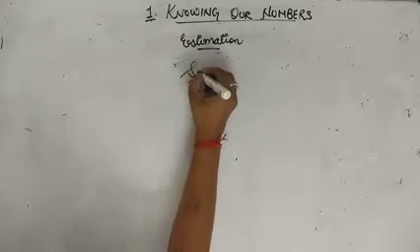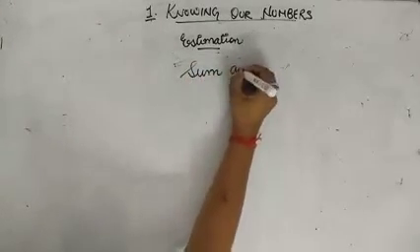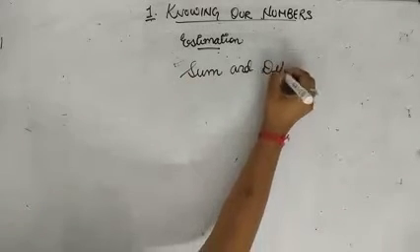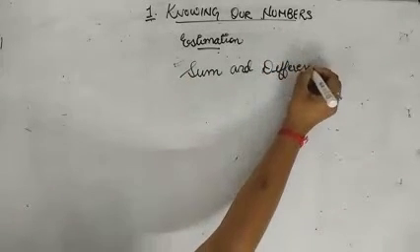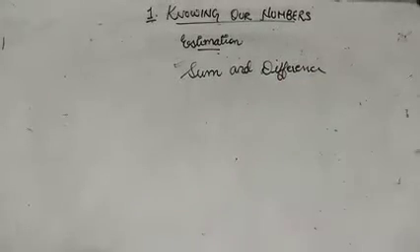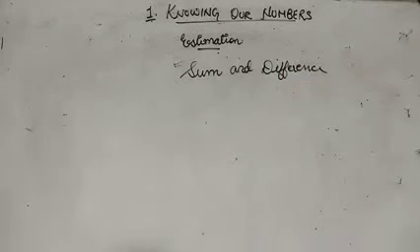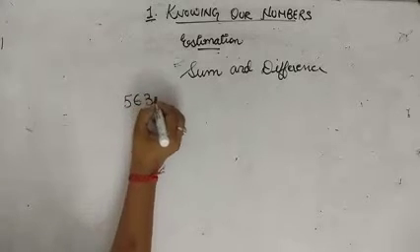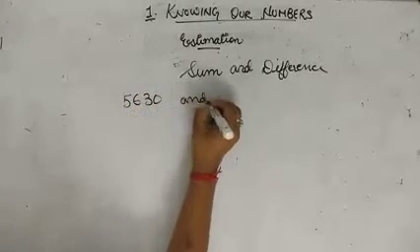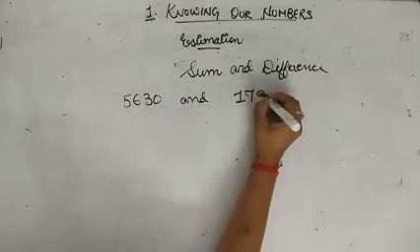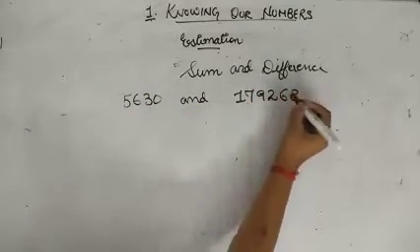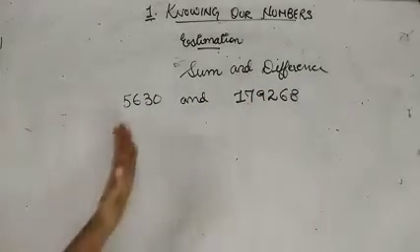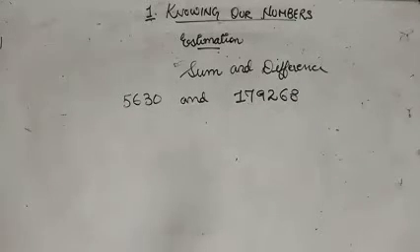Next we have to estimate sum and difference. Means while adding and subtracting, how can you use estimation? Like I am taking two numbers, 5630 and 179268. Now you have to add these two numbers and estimate the sum.